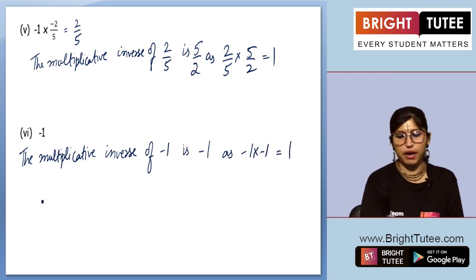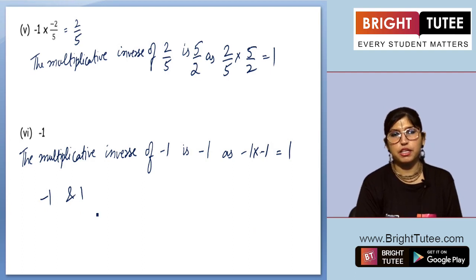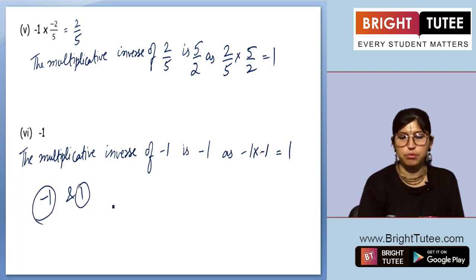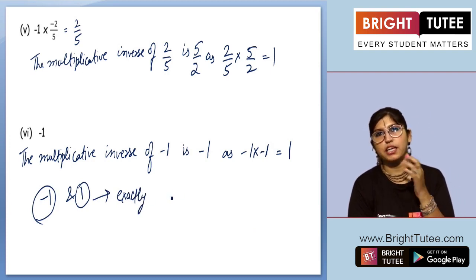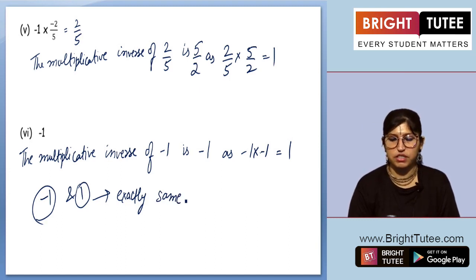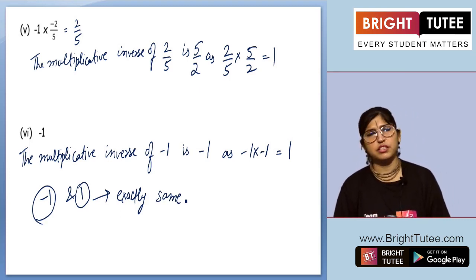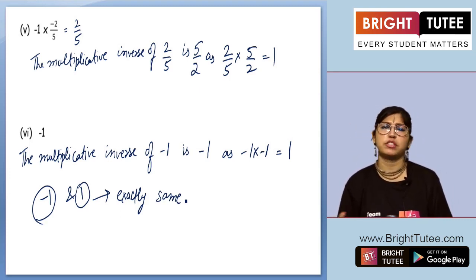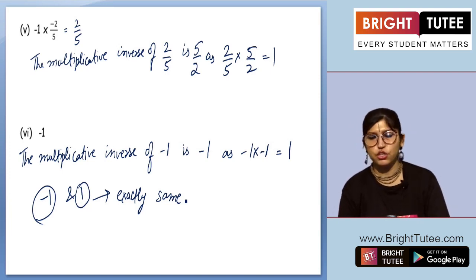So if you can see, minus 1 and 1, the multiplicative inverse of these two numbers is exactly the same, because once we multiply it with the same number, we'll be getting 1. So maybe a fill in the blanks: tell me two numbers whose multiplicative inverse is the number itself. There could be some other questions as well. Once we come to that question, maybe we'll discuss it too.